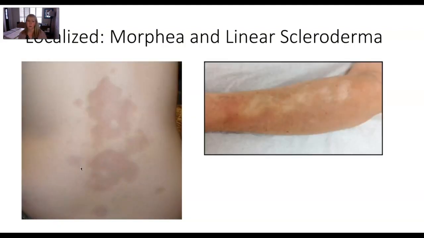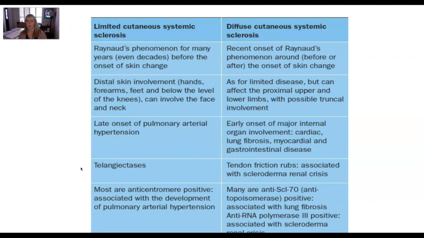Here's an example of linear versus the morphea scleroderma that you can see on the skin. Here's some differences also between the limited cutaneous systemic sclerosis versus the diffuse.